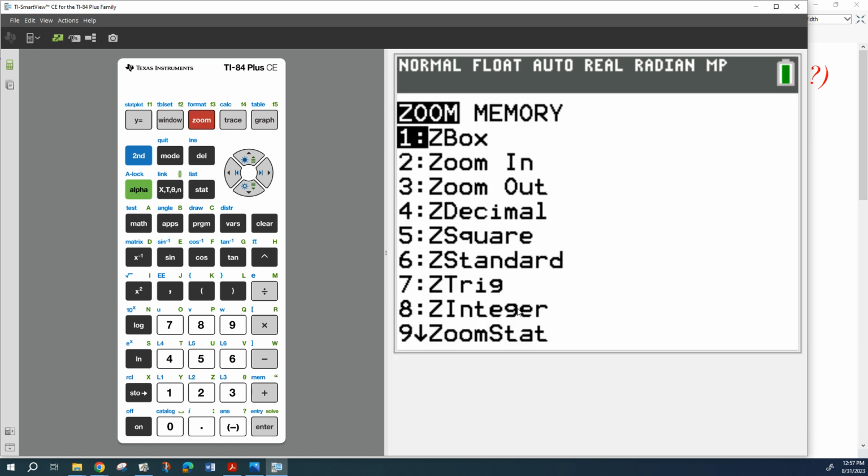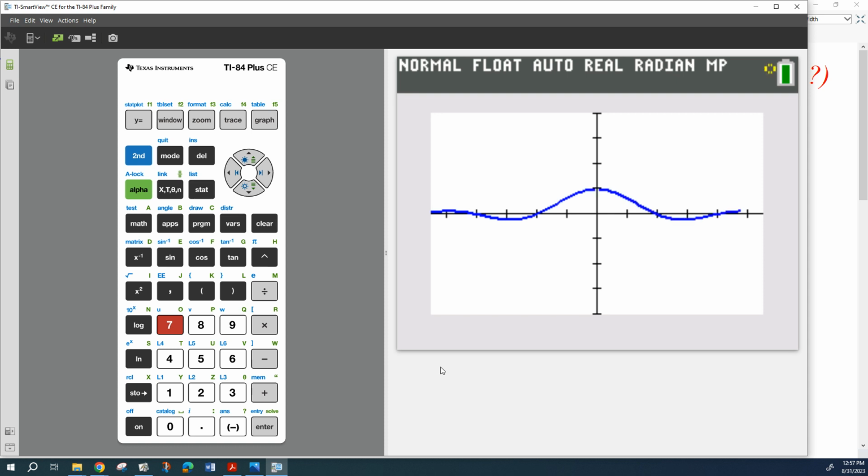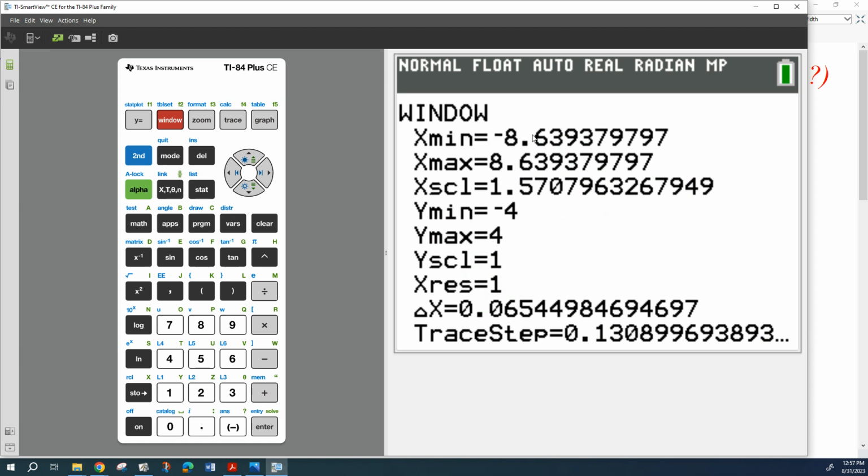You see a better zoom? Let's try trig. Look what happens with trig. It's a little bit better. If you look at the size of the window, look what it's doing. It's going from, well, that's kind of a weird one, a little bit more than, it's like 1 1/4 pi or something. It makes the scale on the y-axis a little bit more expanded though. And we could even tweak that more.